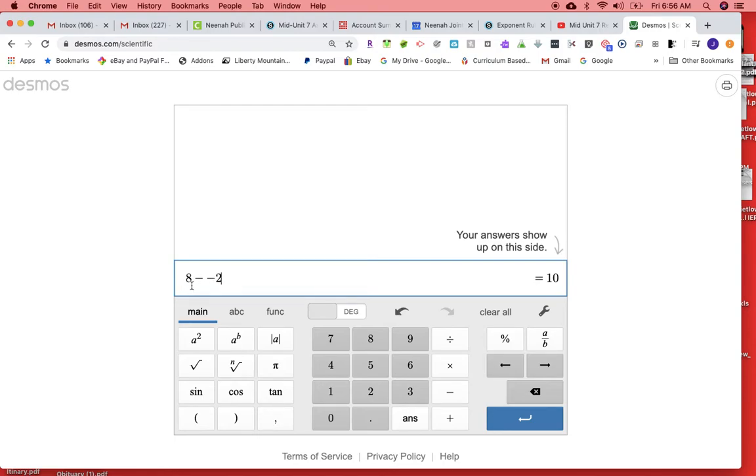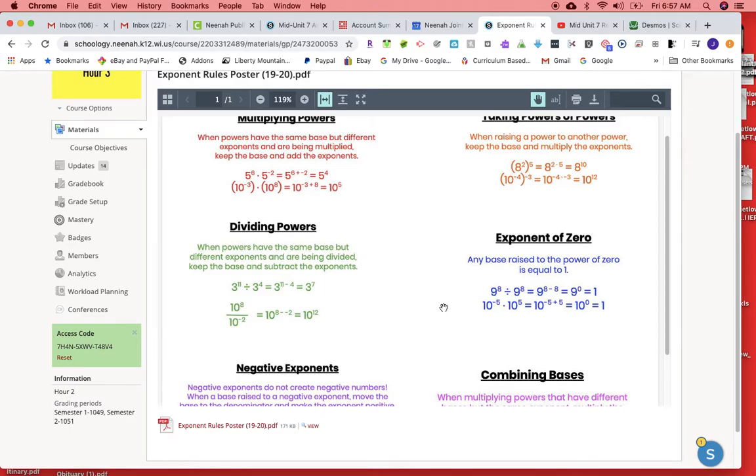So it's going to be 8 plus 2. Because we keep, we change it to plus, and make this opposite. Right now it's negative, it now becomes positive. So then 8 plus 2 is 10. But have the calculator do the work if you're confused on how to do that. So that's the next thing that you should use.